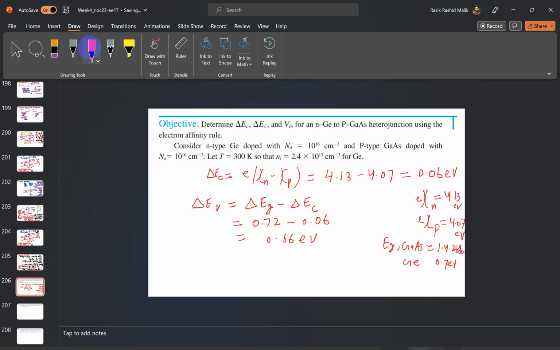So this makes the difference 1.424 minus 0.7, so 0.724, and then we had to subtract 0.06, so 0.664. So we can write it as equivalent to 0.7, right?